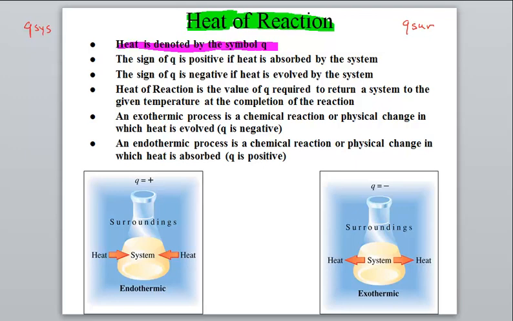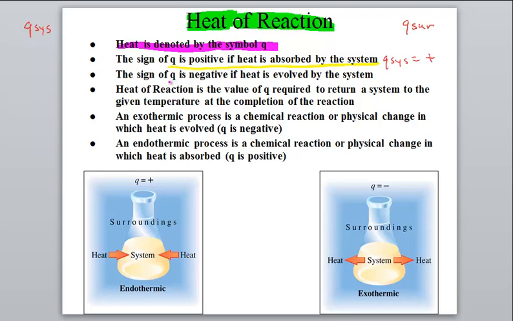And like what we talked about before, if something's gaining energy, or gaining whatever, by definition, that change would be positive. So if our chemical reaction is gaining energy, then the Q of that system would be positive.